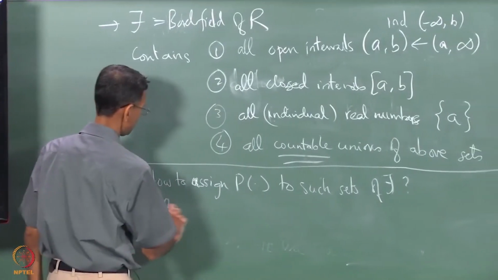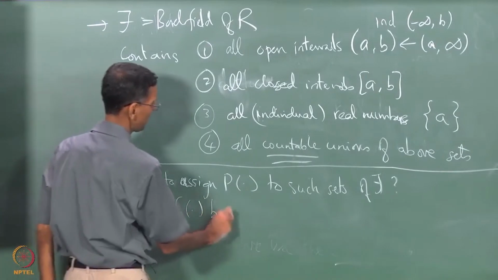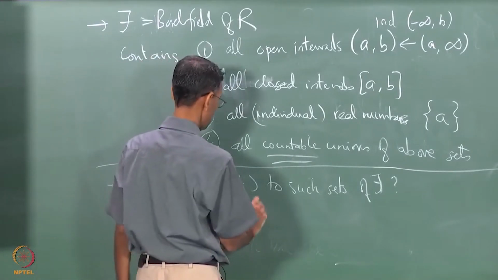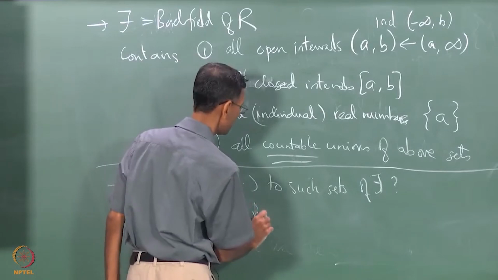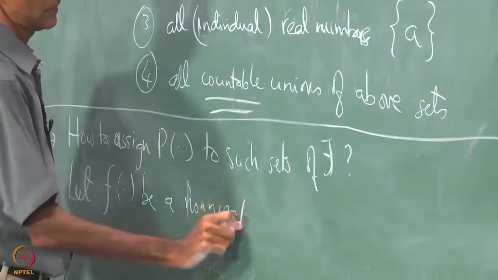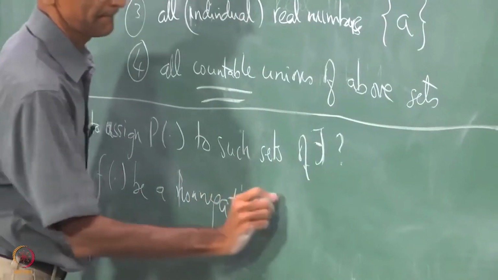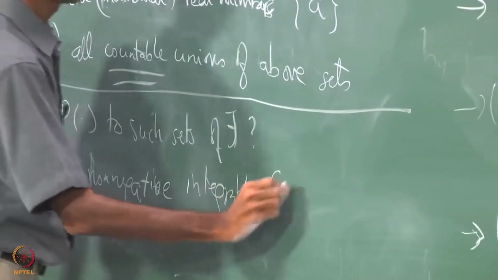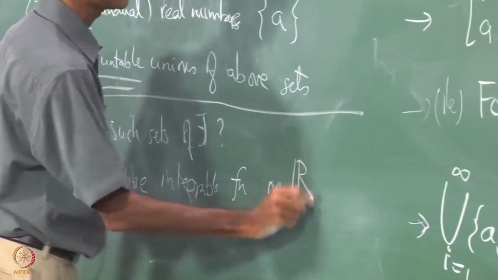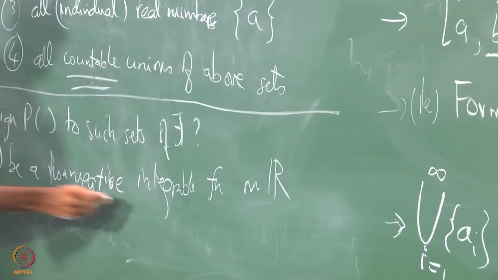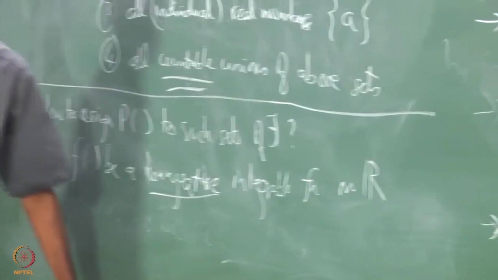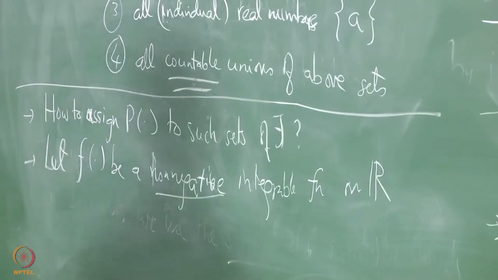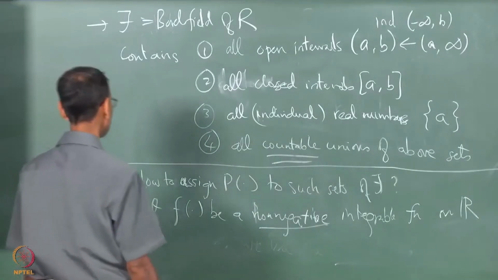So let some f be a non-negative integrable function on R, on the real line. It should be non-negative, right? What is the main other requirement, most important requirement that we require on f?